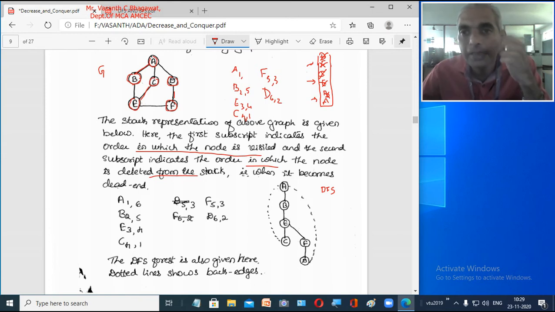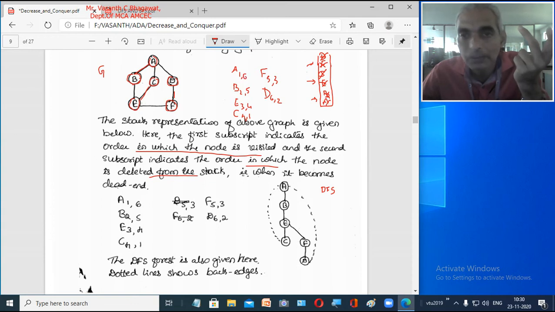Now at A, again you check adjacent nodes which are not visited, right? B, C, D are the adjacent nodes, but they are already visited. So you don't have any unvisited nodes, so you have reached the dead end. So when you have reached the dead end, pop this node also out. So the sixth node which you are popping from your stack is A. So next to A you write down 6.